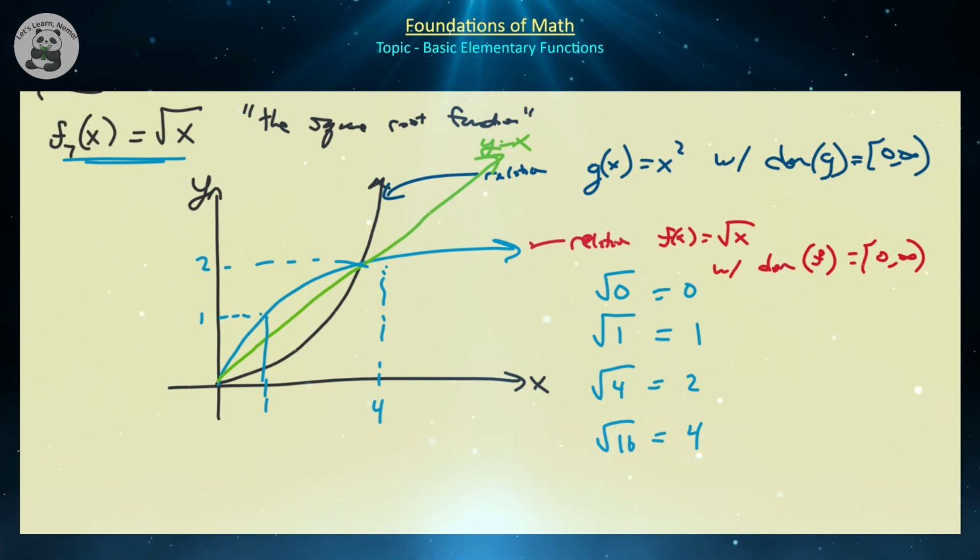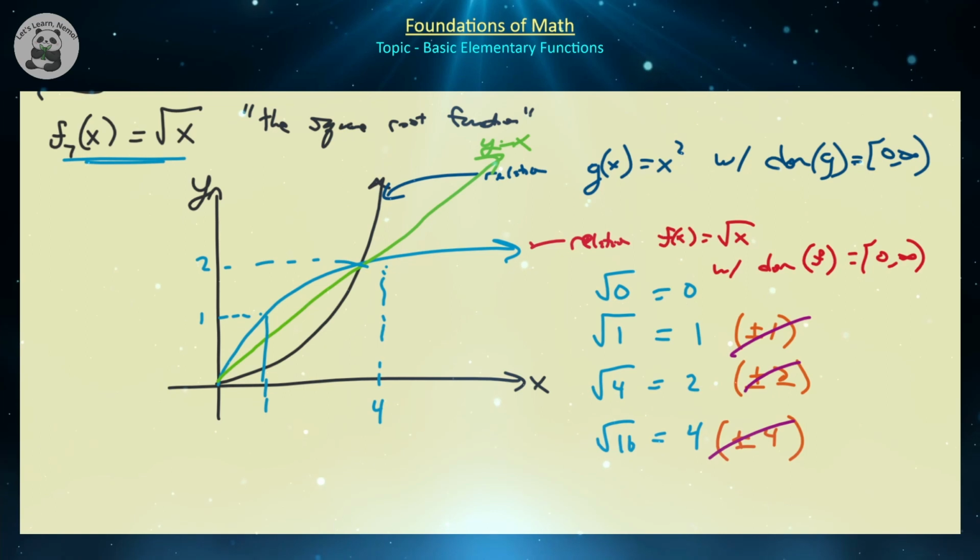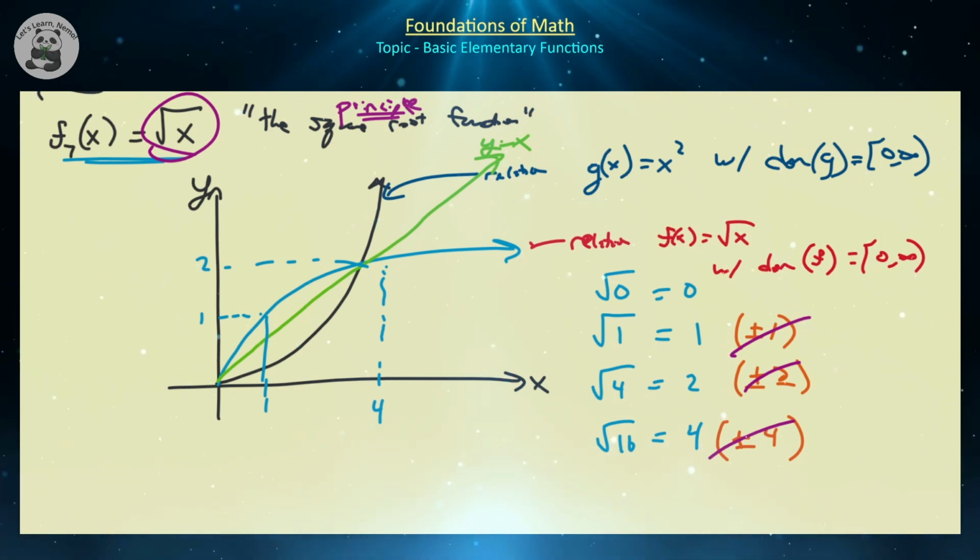I do see some people saying that these are equal to plus or minus 1, plus or minus 2, and plus or minus 4, using some false logic. But this symbol is sometimes also referred to as the principal square root function. This idea of principal and non-principal square roots is associated with multivariate functions, but right now we're only focused on univariate functions.